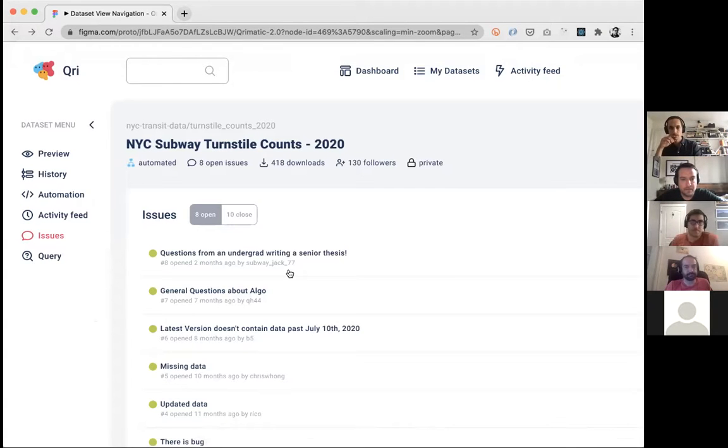Cool. So we can talk about some of the things we learned. One of the questions Chris and I have tried to ask everybody is whether they think the issues ought to be done on a per version basis, or whether there should be a global flow of issues surrounding the data set as it evolves. We haven't really done the math on this, but my gut reaction is it's like 7-3 for global issue queues.